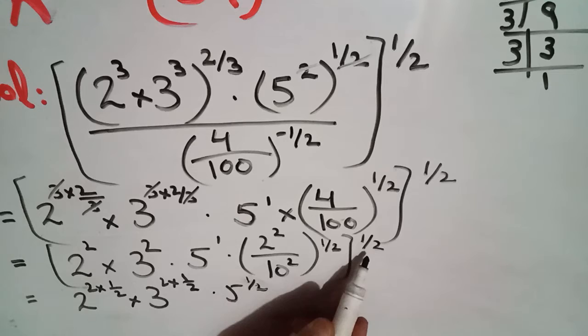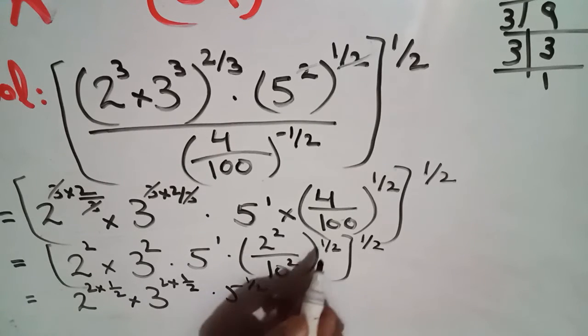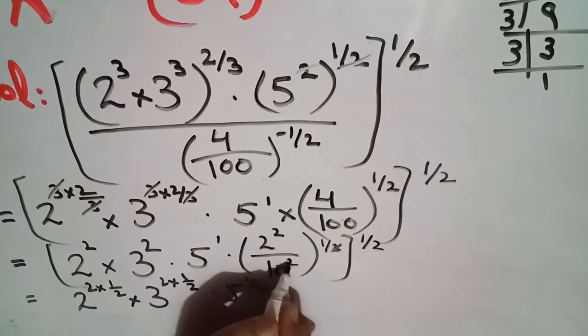Okay, when this will multiply with this one, so 1 by 2, but this 2 will cut with this one and also with this one.